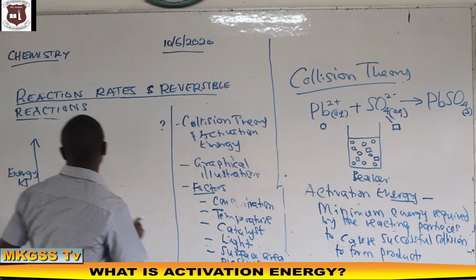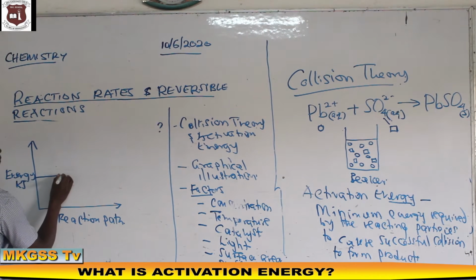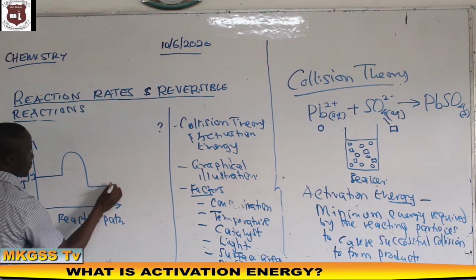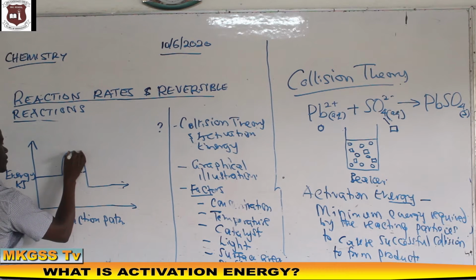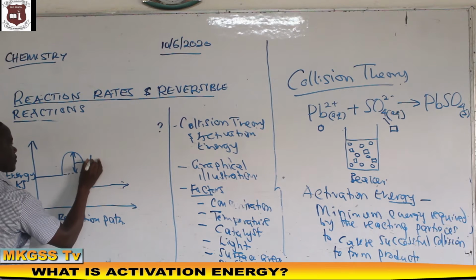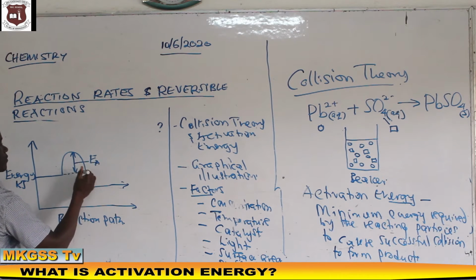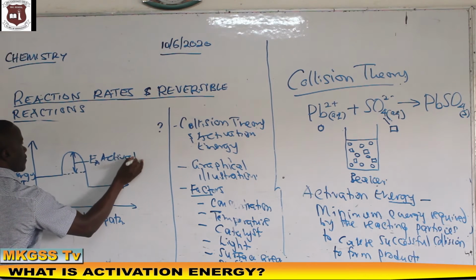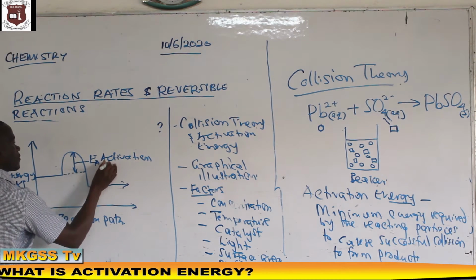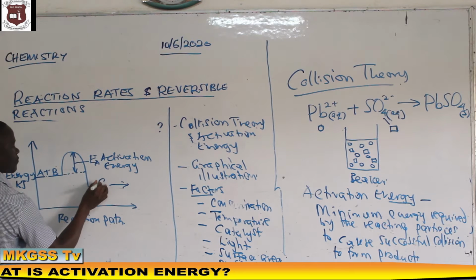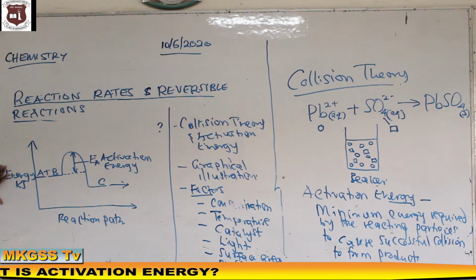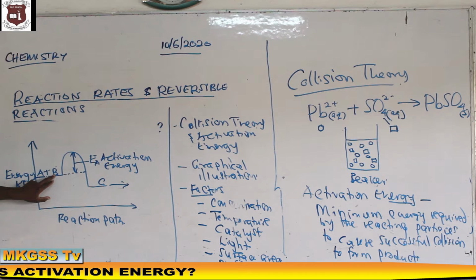So in this graph, we can see that we have reactants combining, and during that process they have to collide so that they can combine.